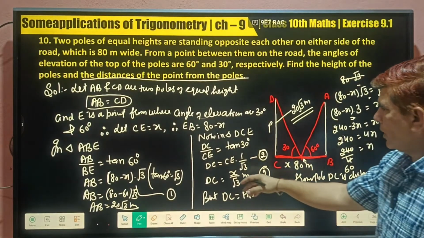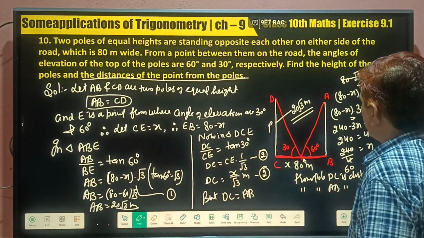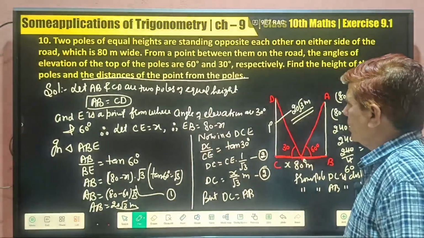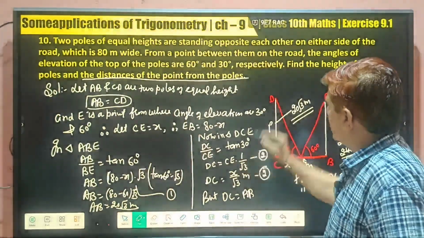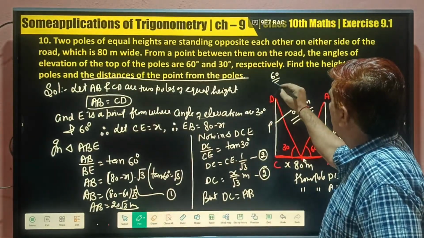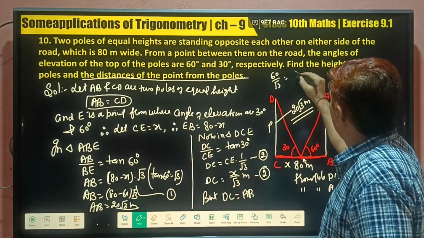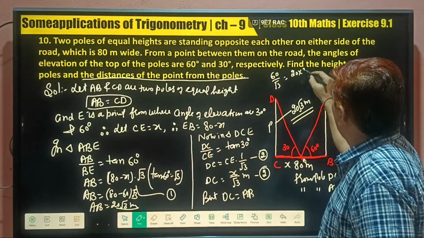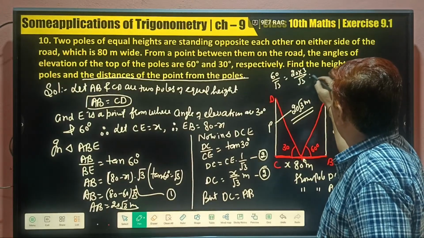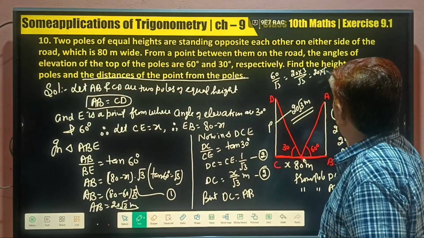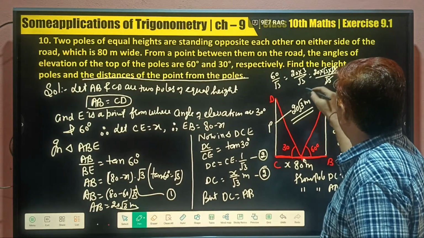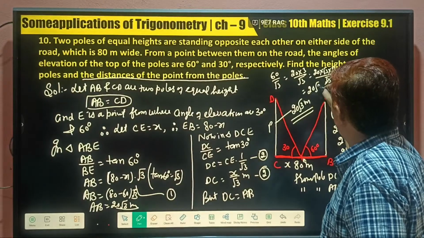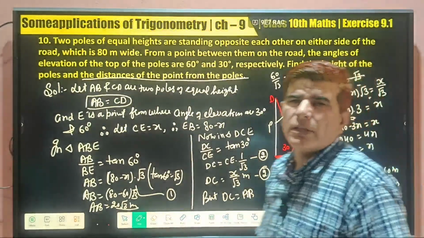Otherwise, from here you can write DC. DC is what? 60 by root 3. Here we can write 60 by root 3 as 20 into 3 by root 3, and this as 20 into root 3 into root 3 by root 3. Cancel this, so again we get 20 root 3. So it means your answer is right.